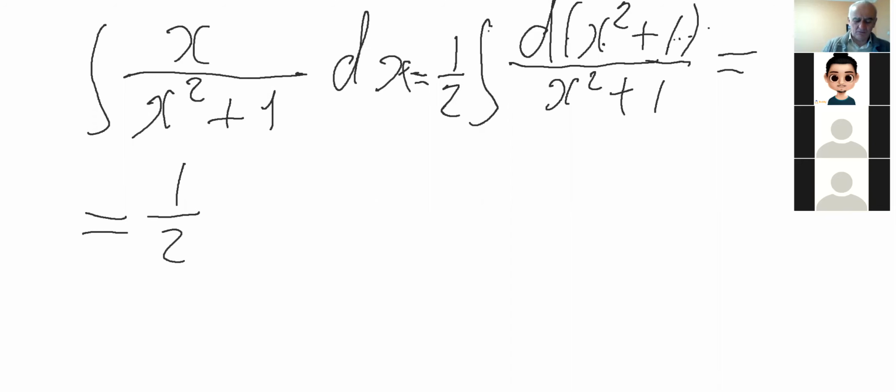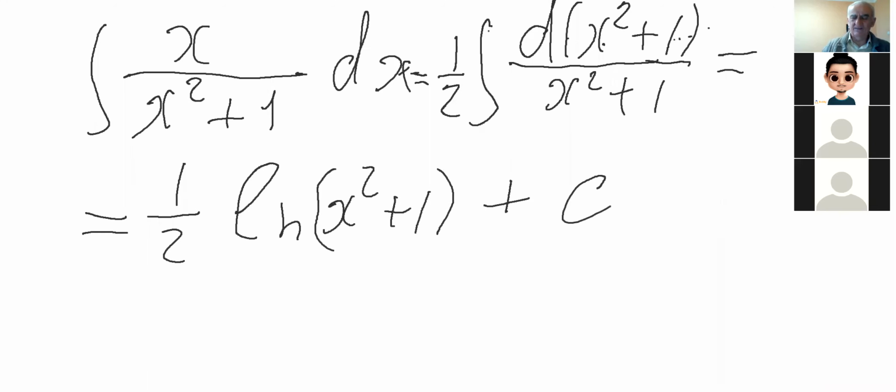So what can I write down? What will this integral be? It's ln of x squared plus 1, plus c.